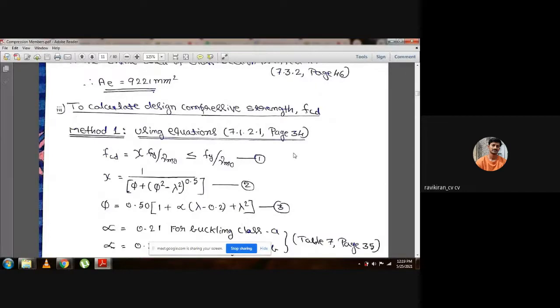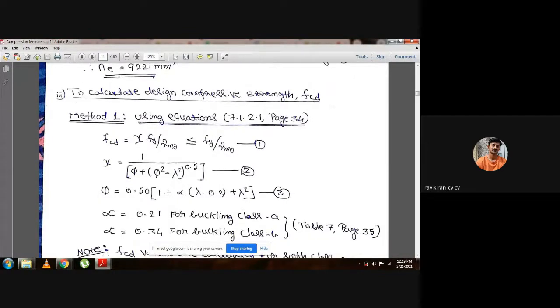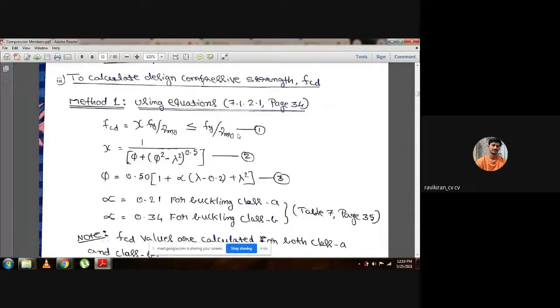If you open the steel table, you will understand. Otherwise, it will be like just reading out something. Just open the steel table and follow what I am telling you, or just observe what is provided in the steel table. The procedure is given clearly directly. You need not remember these formulas. Whatever formulas we have mentioned here, number 1, 2, 3, all these values or formulas are present in the steel table.